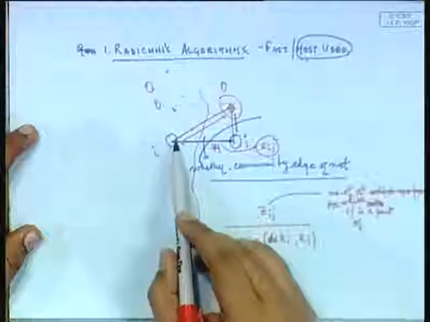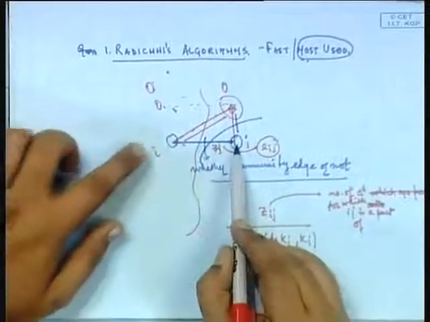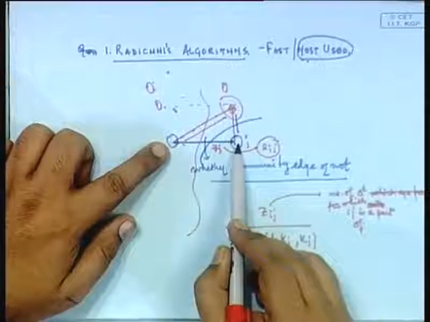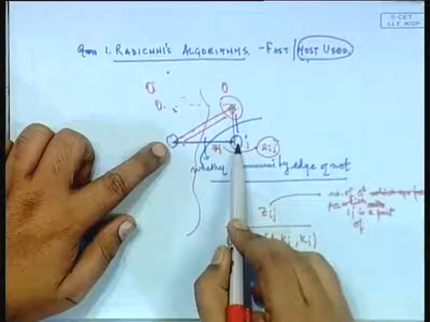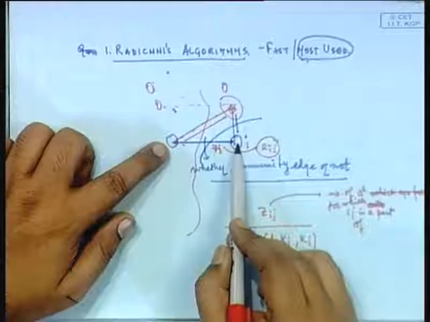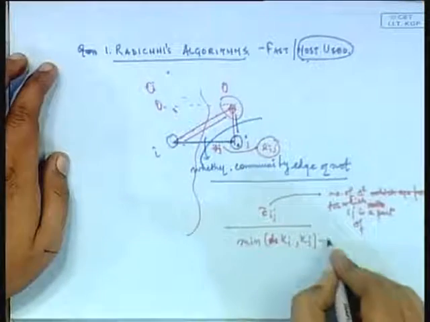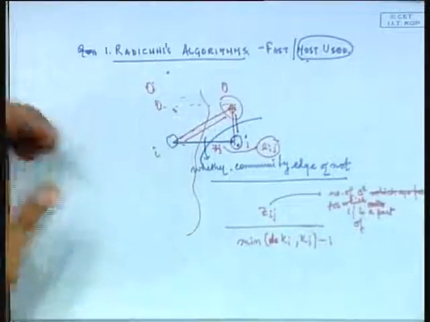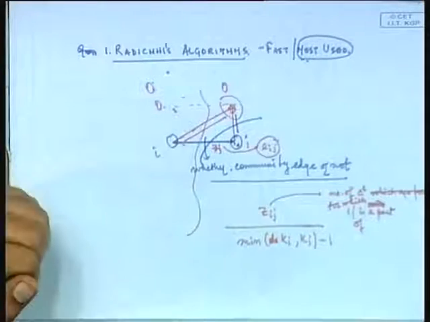Min of k_i and k_j, because these two nodes always have to participate, and the number it can participate in is limited by the least degree. No, it is not exactly minimum. Minus 1, because 1 is already here. So the number of triangles can be at most min of k_i, k_j minus 1.